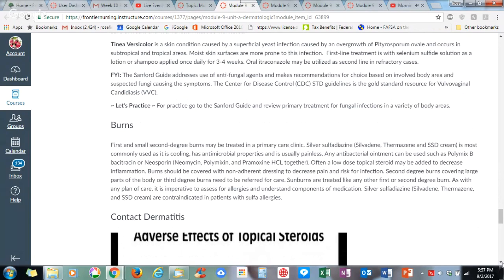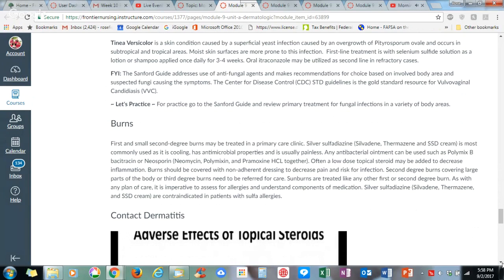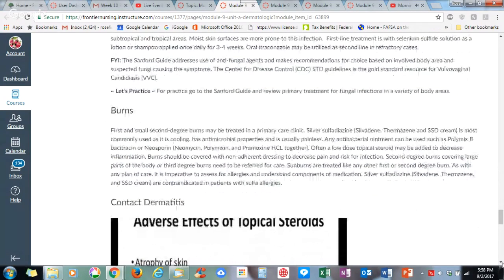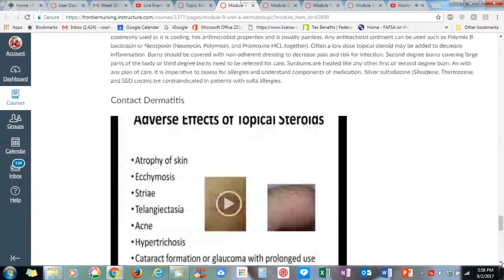Any antibacterial ointment can be used, such as polymyxin B, bacitracin, or Neosporin, which is neomycin, polymyxin, and pramoxine HCl together. Often a low-dose topical steroid may be added to decrease inflammation. Burns should be covered with non-adherent dressing to decrease pain and risk for infection. Second-degree burns covering large parts of the body or third-degree burns need to be referred for care.